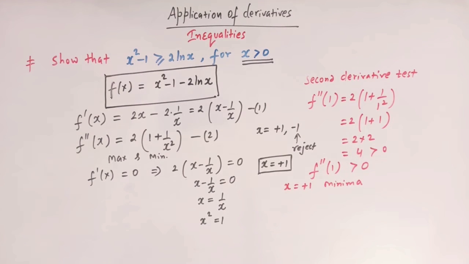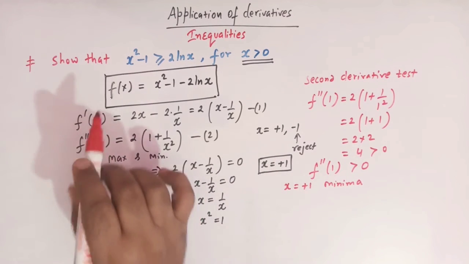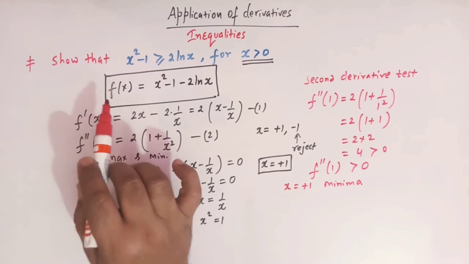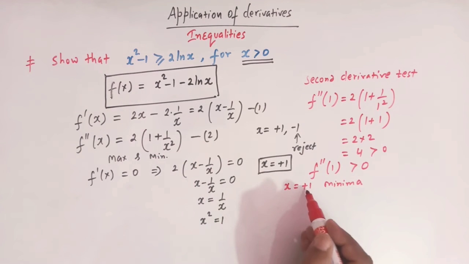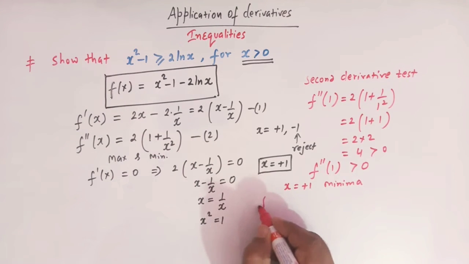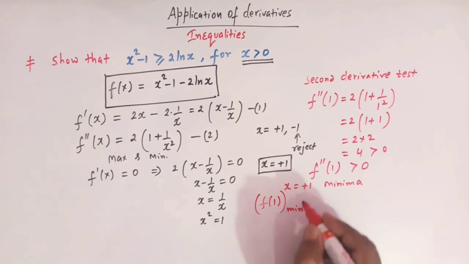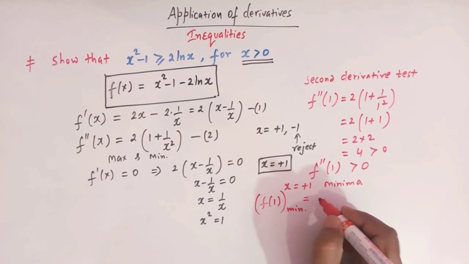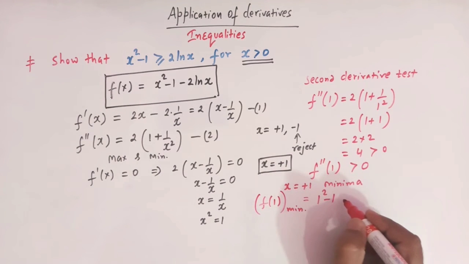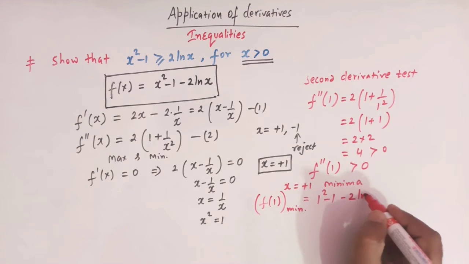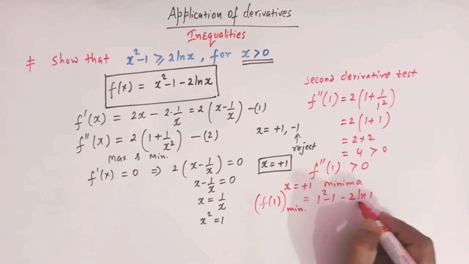So now let us find the value of f of x at x equal to plus 1. So f of 1, which is the minimum value of f of x. We'll have 1 square minus 1 minus 2 times log of 1, that is natural log of 1.